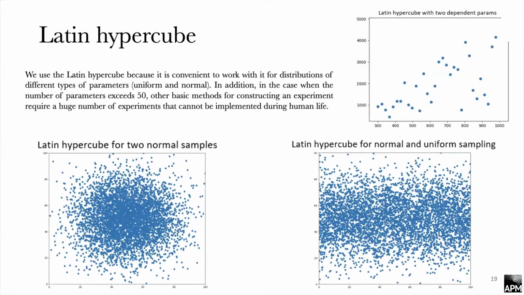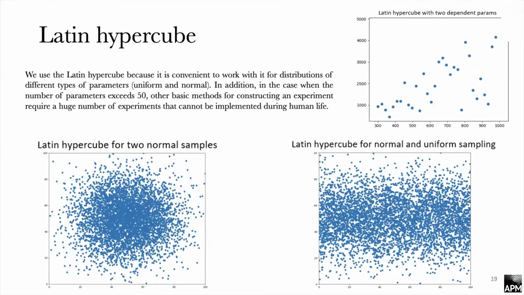You can see this dependence, and Latin hypercube works fine with them. And for example, if you have one parameter with normal distribution and one parameter with uniform distribution, you can also see that the final distribution with final sampling points is quite good, so they don't cross each other.